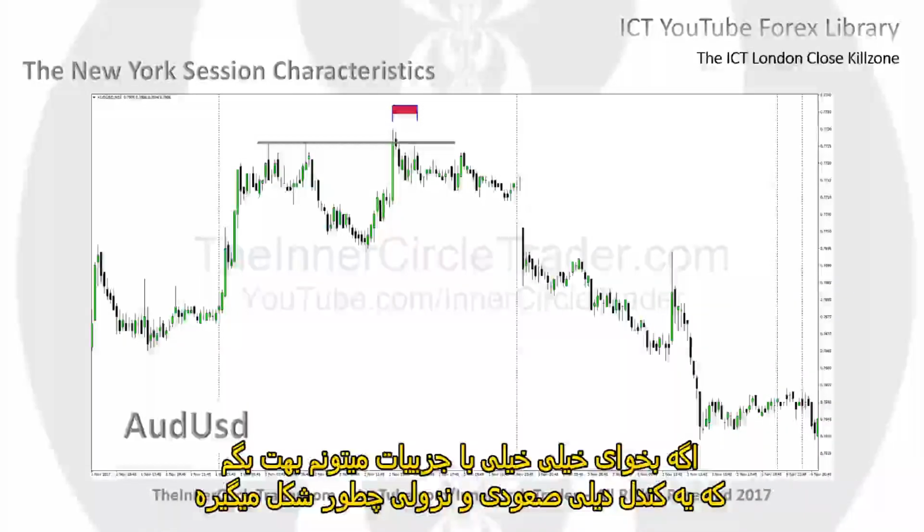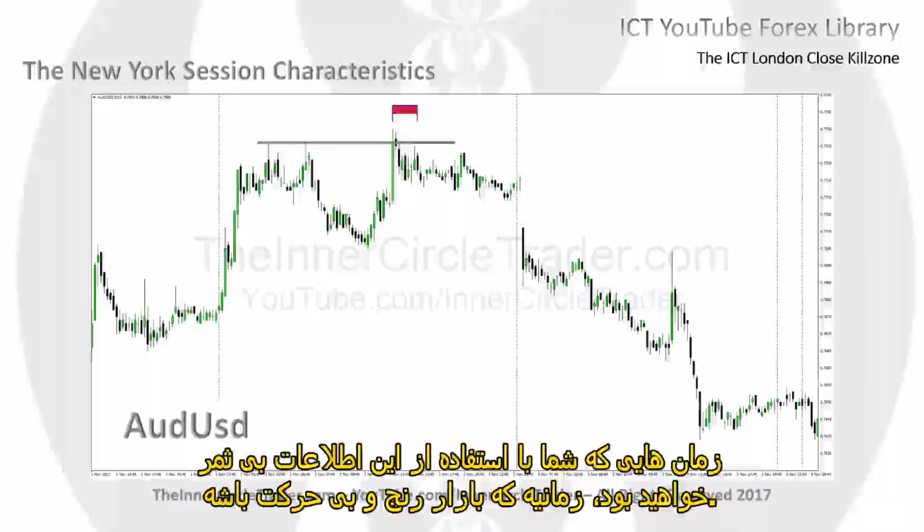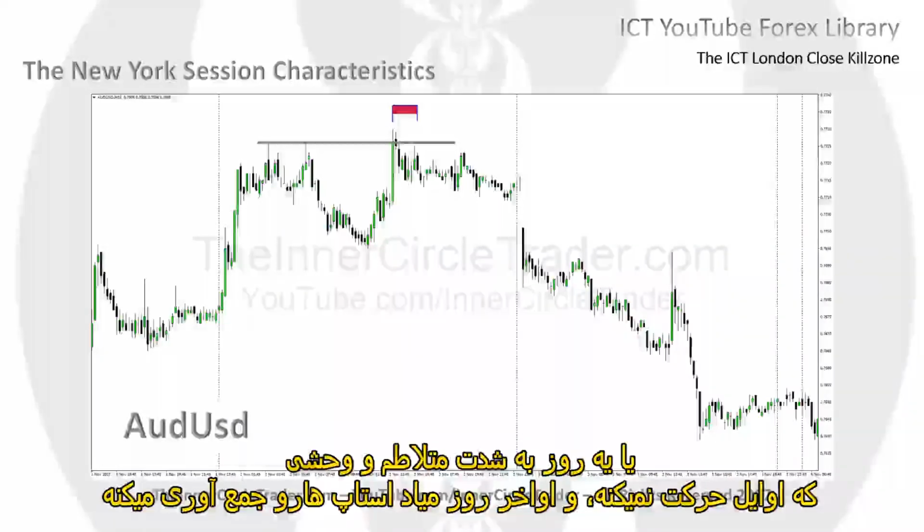I've given you the DNA, if you will, of how a daily bar or candle is formed on bullish and bearish days. The times you're going to be unfruitful using this information is when we have a Z day, where it goes up and down in quiet consolidation, or a seek and destroy day, which is a really wild, choppy up and down day where it doesn't really go anywhere until the last portion of the day, and then it runs out the stops no one saw coming.